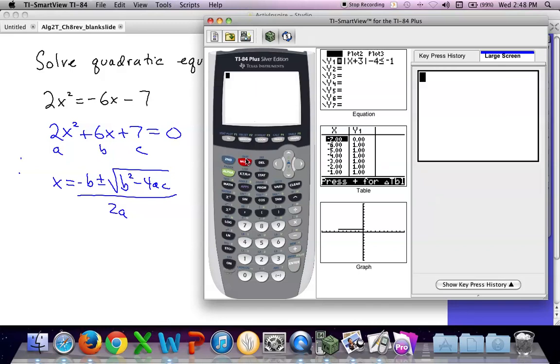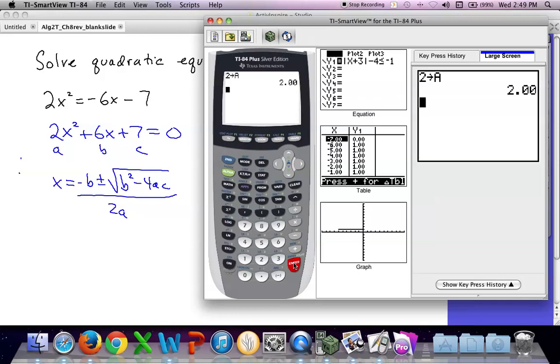And then you need your calculator to understand these values of a, b, and c. Like I said, you can use this for any kind of expression, not just the quadratic formula. If you want to store a value for a letter, like I want a to equal 2, then I do this: 2, and this button right here says STO for store. 2, store gives you a right arrow, and then I hit alpha A. Enter.